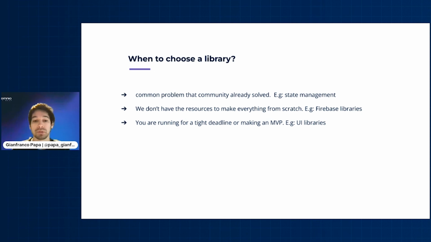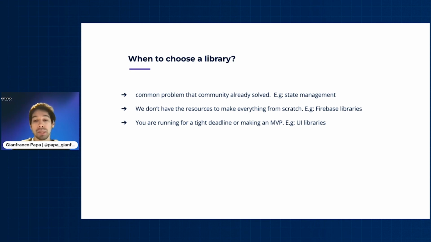to our Flutter project. So last but not least, we have when we are running for a tight deadline or making an MVP. So basically here I put as an example the UI libraries because I feel like maybe they can speed up certain things and we can meet our deadlines with those UI libraries.